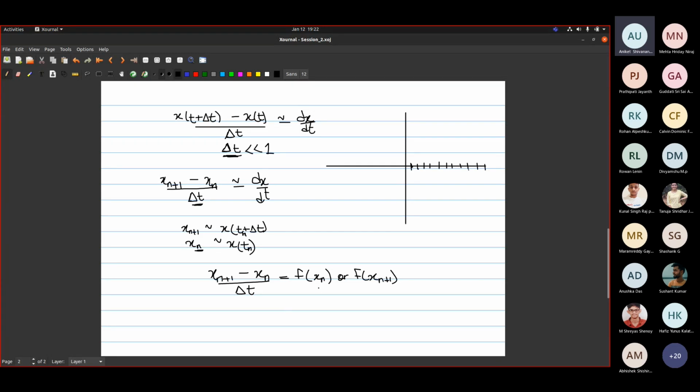For some equations one will give a better approximation, for some the other. Both of these are referred to as forward and backward discretizations, or forward and backward Euler methods.